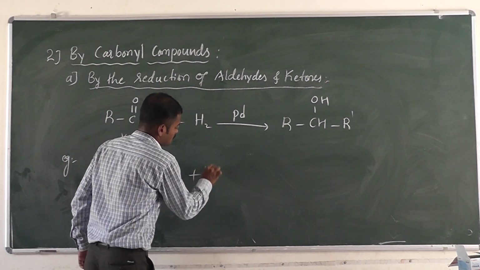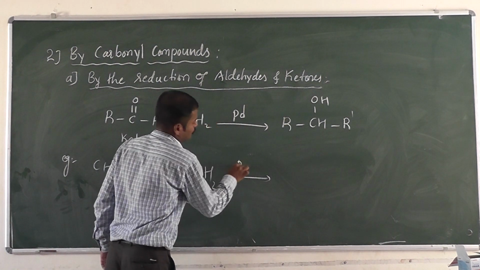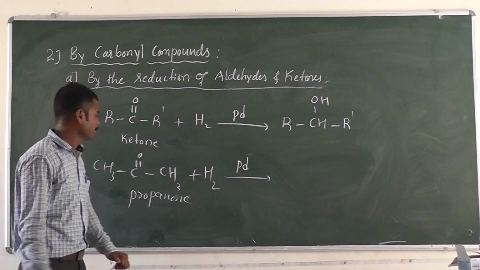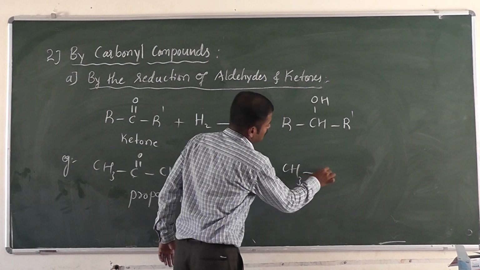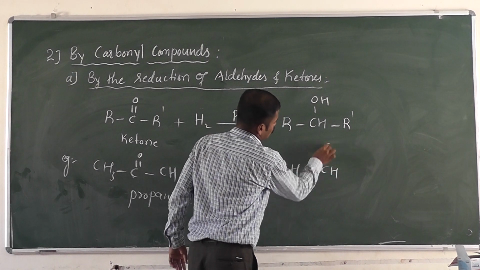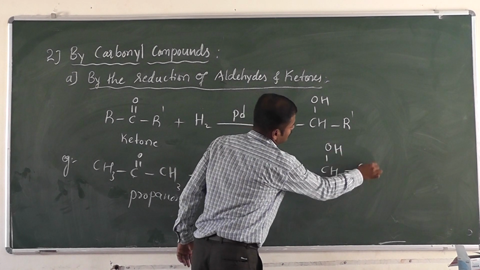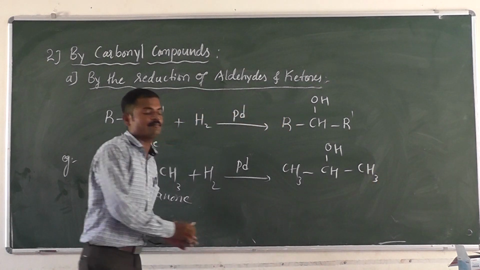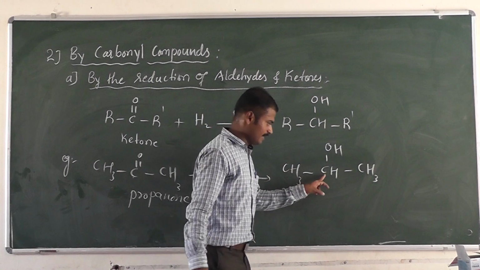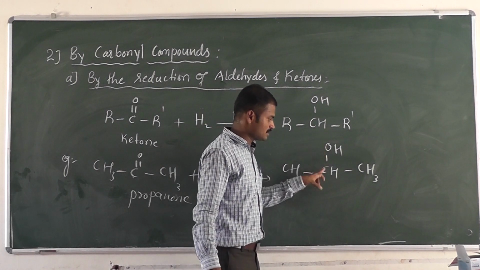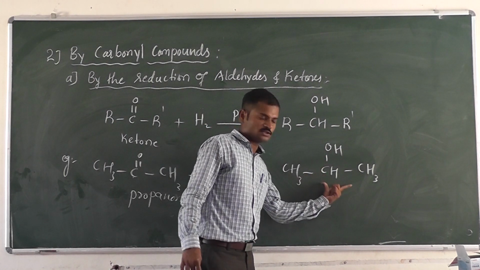When this reacts with hydrogen in the presence of Pd, it forms CH3CHOHCH3. Is it a primary alcohol or a secondary alcohol? It should be a secondary alcohol because this OH group is attached to a carbon with two adjacent carbon atoms.